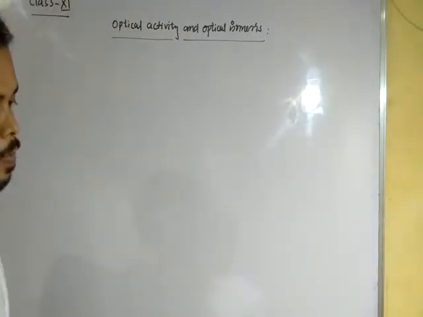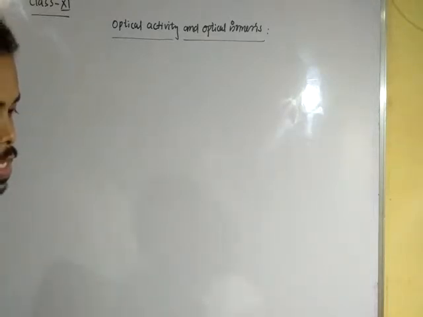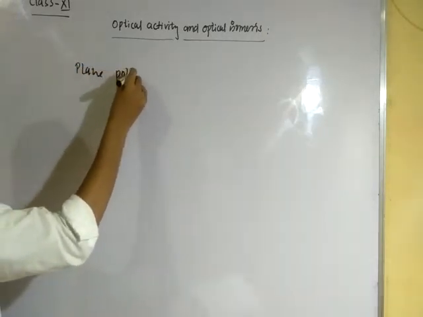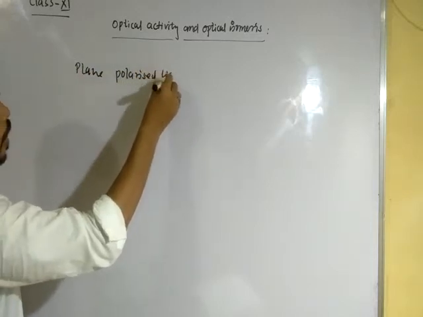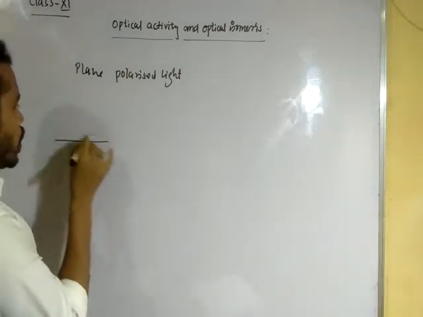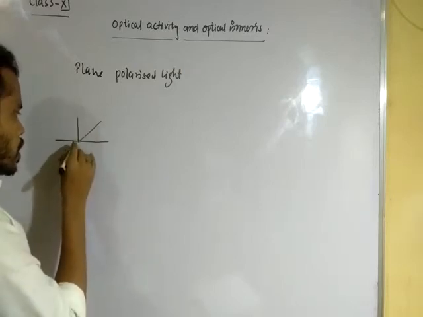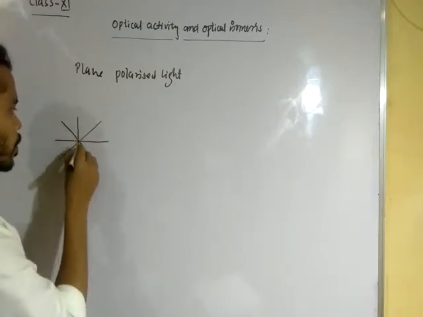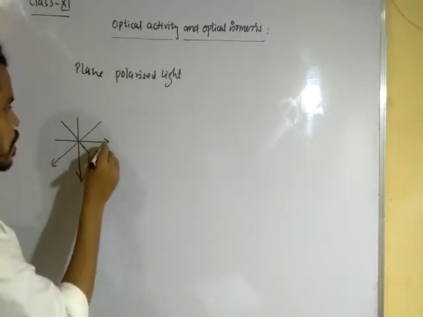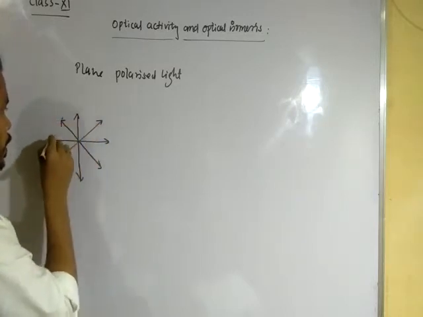So here, see optical activity. First of all, we should know plane polarized light. The light coming from the sun or from any electric bulb is ordinary light, and the vibration of this light is in every direction, like this. This is called ordinary light.